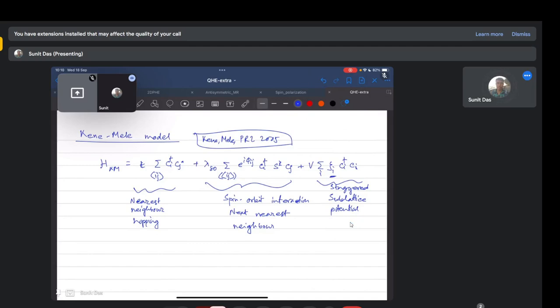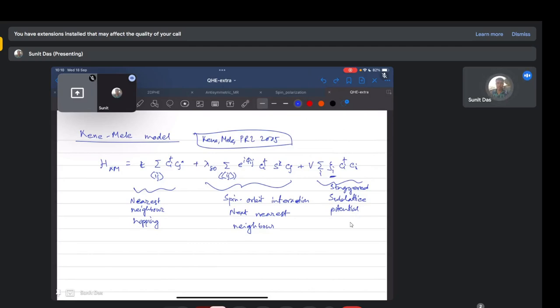Okay, and this phi ij is again what was introduced by Haldane. So we will have effectively zero magnetic field overall, but within a unit cell we will have some magnetic field, so that the phases because of those magnetic fields add up to zero.